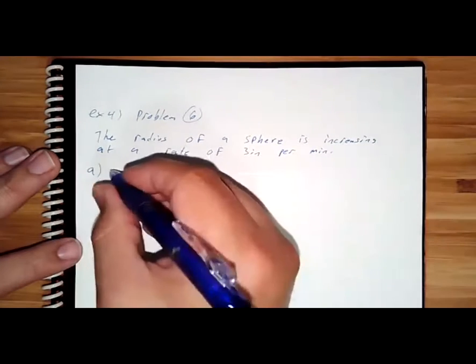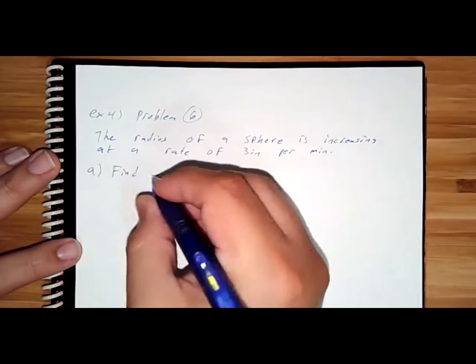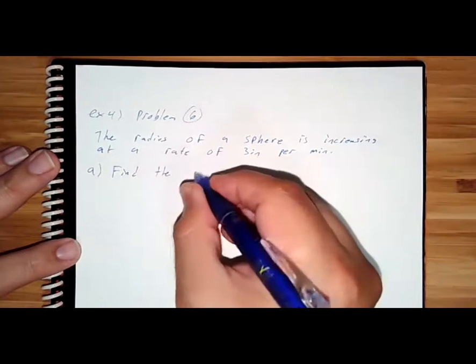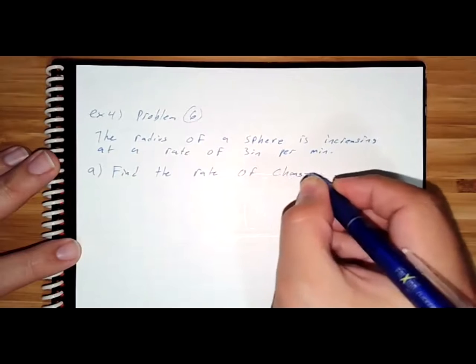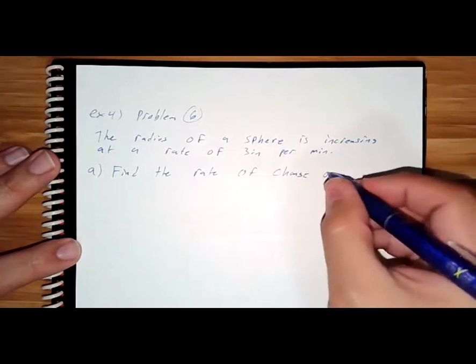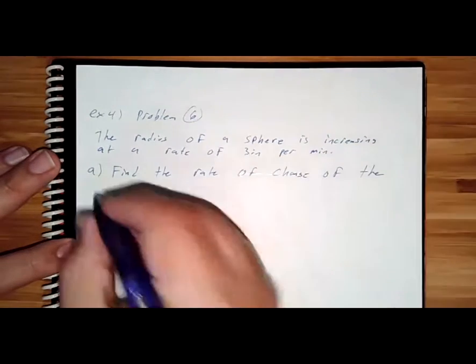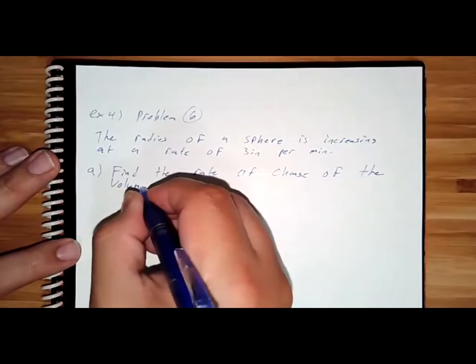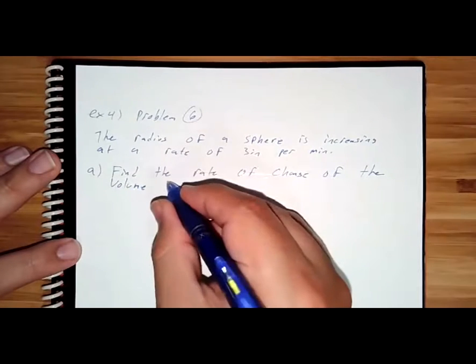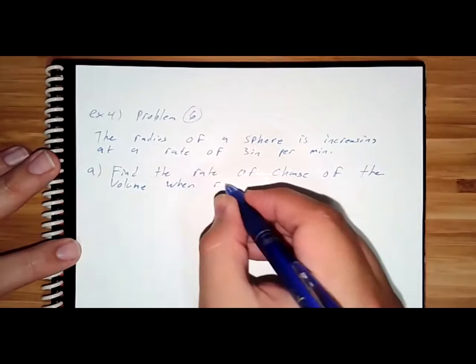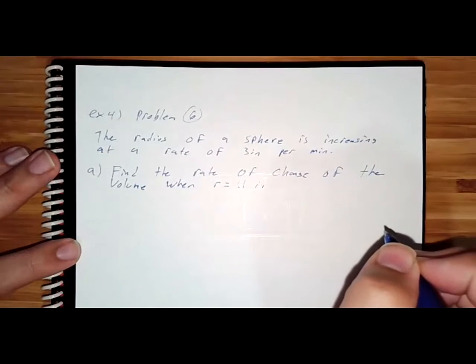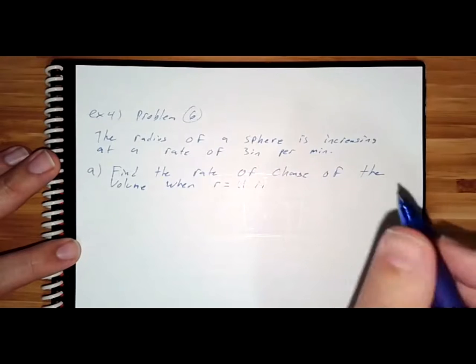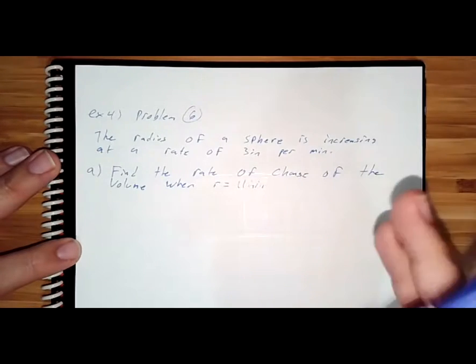Okay, so part A says find the rate of change of the volume when r is equal to 11 inches.